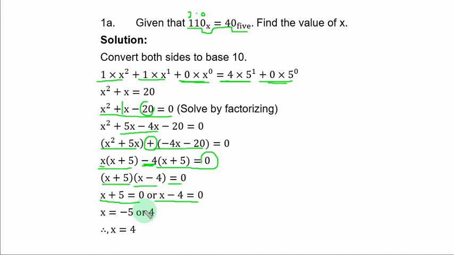If you transfer the constants respectively, you have s equal to minus 5 or 4. The base s cannot be negative, so s is equal to 4.